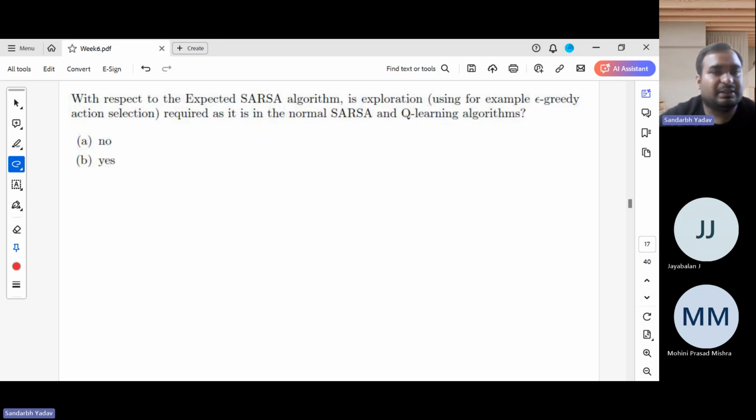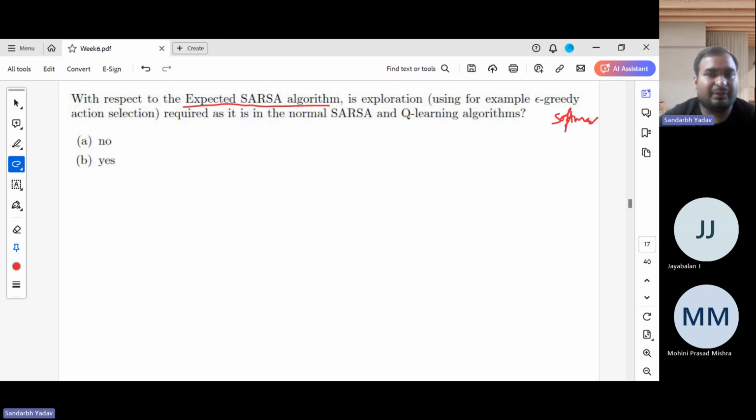This question concerns the expected SARSA algorithm. Suppose we use epsilon greedy exploration, or you can use softmax also. Is exploration required, as it is in normal SARSA and Q learning algorithms?